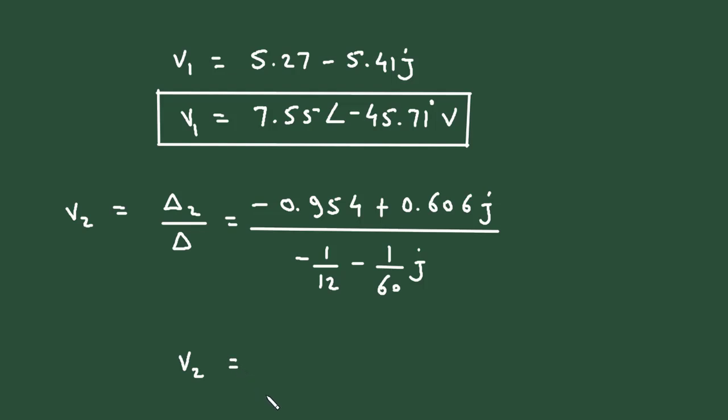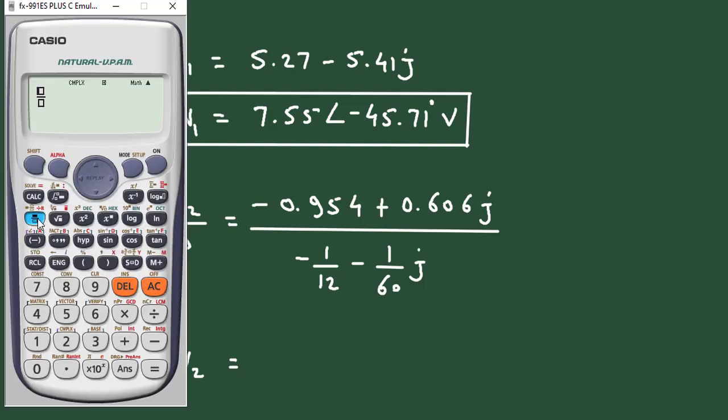So V2 is equal to minus 0.954 plus 0.606j divided by minus 1 upon 12 minus 1 upon 60j.